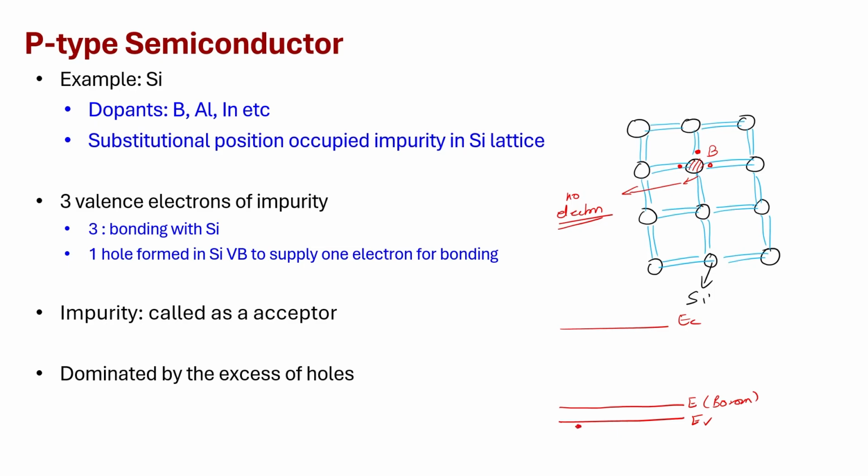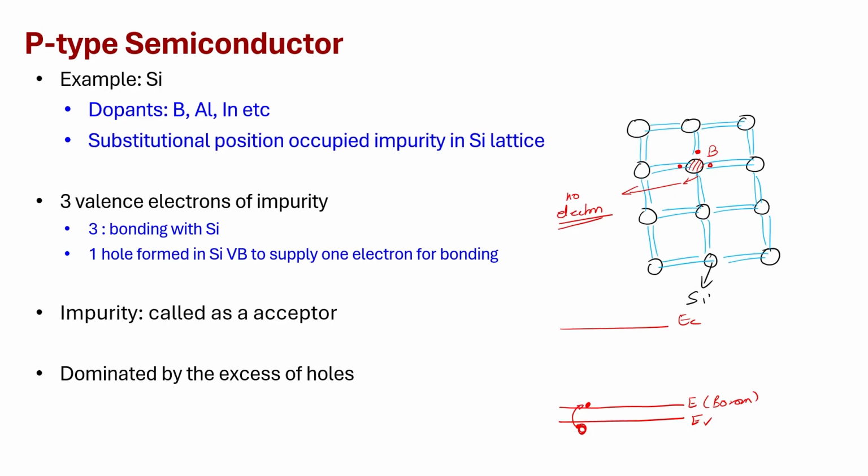One electron from the valence band of silicon goes to the energy level of boron. It goes here, and it creates a hole here. This means boron has accepted one electron from silicon, and that is why it is called an acceptor atom.